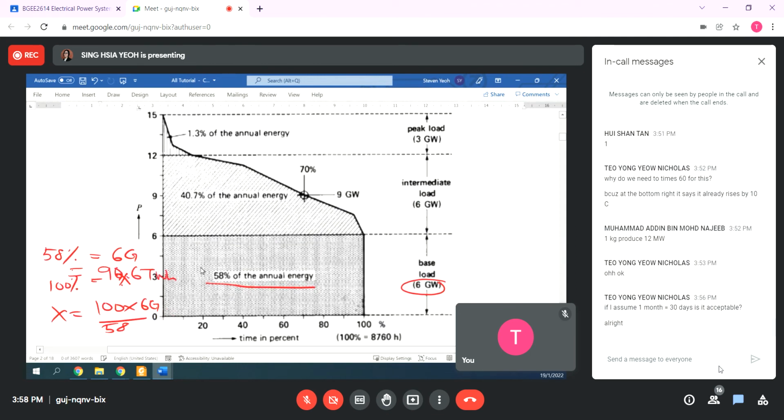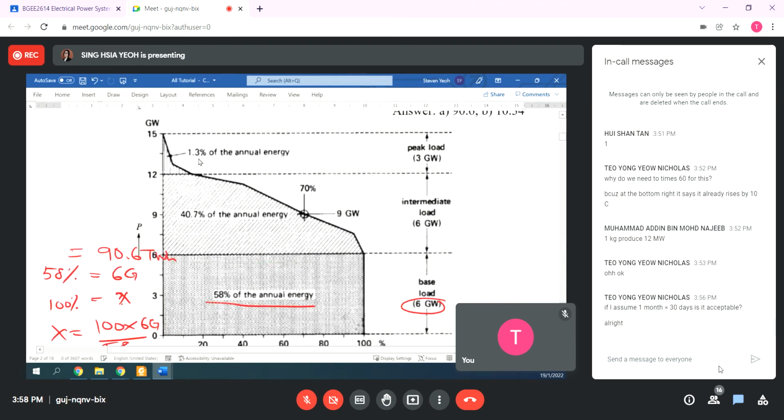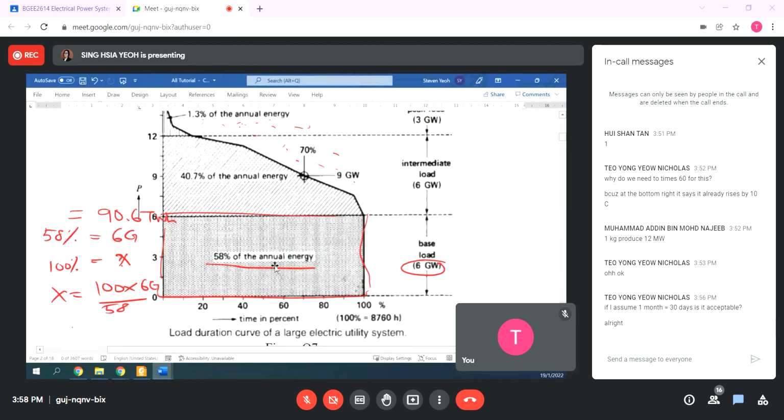Okay, why can't we use this for D.7 or 1.3? It is because you still have a full block. Okay, this is full block. So we have to use this base load, 58% of the annual energy, which is equal to 6 gigawatt. Can you understand?